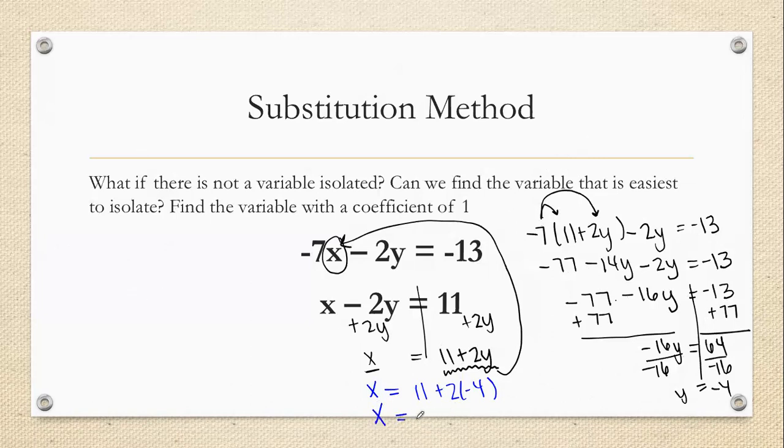So x equals 11. 2 times negative 4 is negative 8. So 11 minus 8. So x equals 3. So my solution is 3, negative 4. Yay!